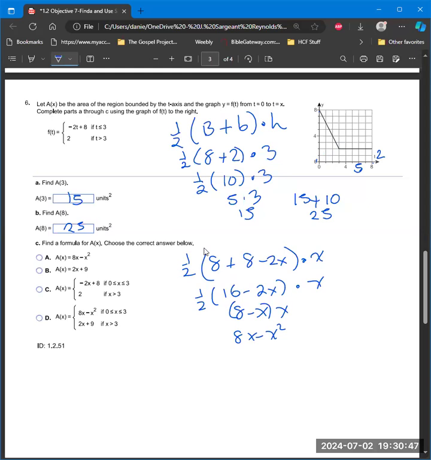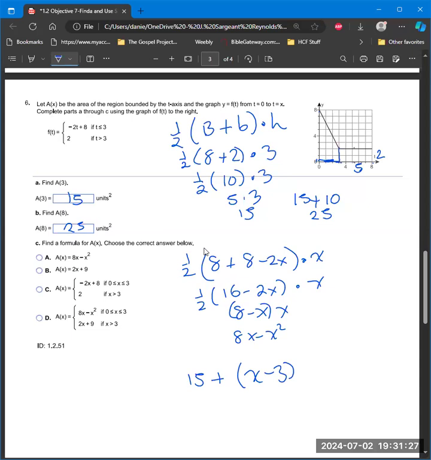So that's already telling me that it's going to be D, but let's finish this up and see how we get the 2x plus 9. We just figured out before that the trapezoid has an area of 15. Then I'm going to need to add my base, which is going to be x minus 3, because I don't want to count the 3 that's the trapezoid here.